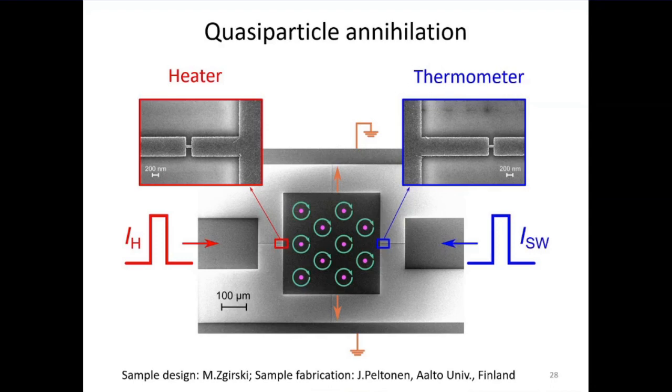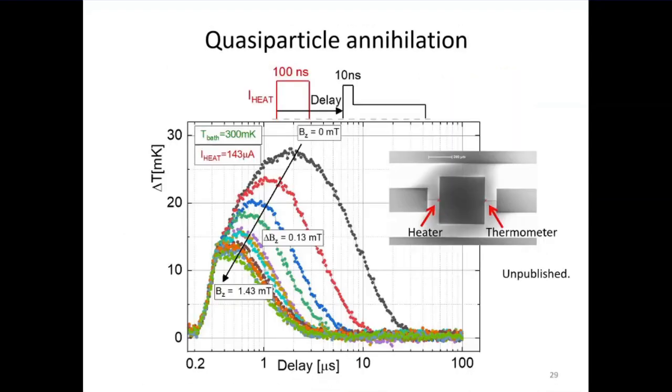This normal core is a region of enhanced electron-phonon coupling, and in principle, if a quasi-particle gets into such a core, it's trapped there. So vortex cores are known as quasi-particle traps. They should efficiently remove quasi-particles from the system. That is why I put here quasi-particle annihilation. So you can consider a vortex as a quasi-particle annihilator. So what we do here, we do this diffusion experiment as I showed you before.